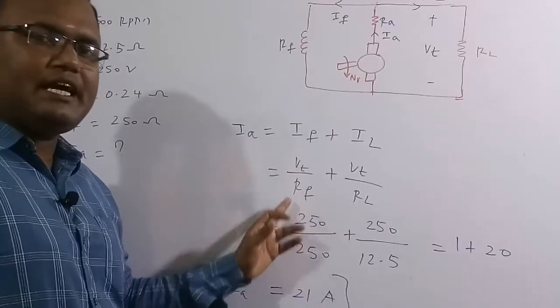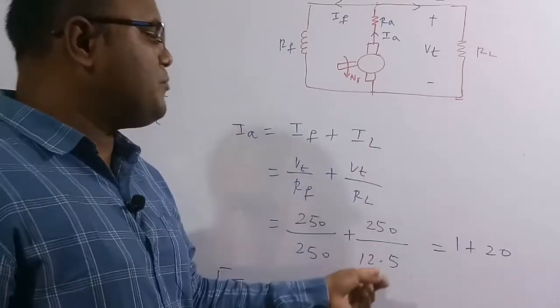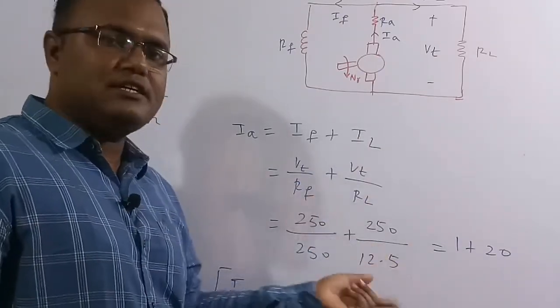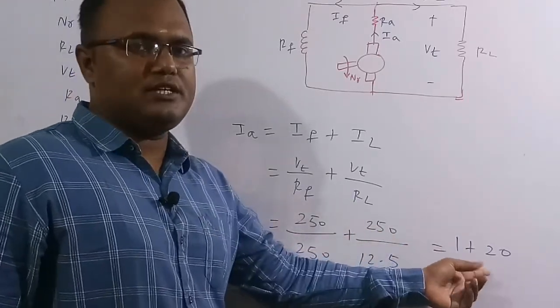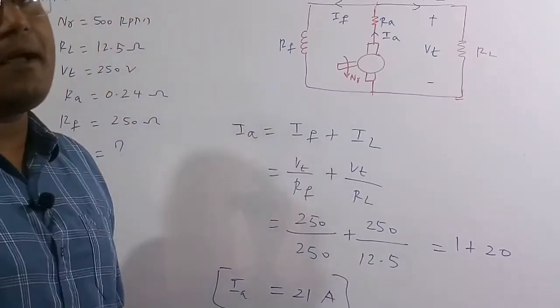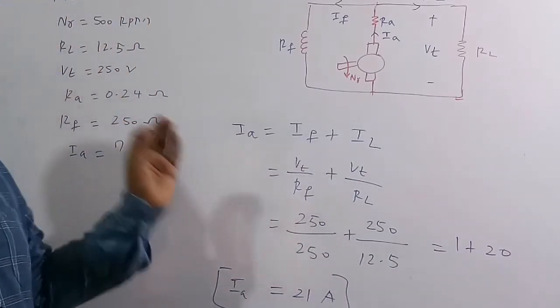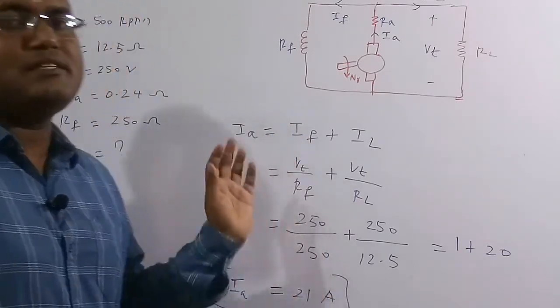Vt is 250 and Rf is 250 ohm, and Vt is 250 and RL is 12.5. So 250 by 250 is 1, and 250 by 12.5 is 20. If you do the addition, finally we get Ia is equal to 21 ampere. Therefore the armature current supplied by this DC generator, 21 ampere, is the correct solution of this question.